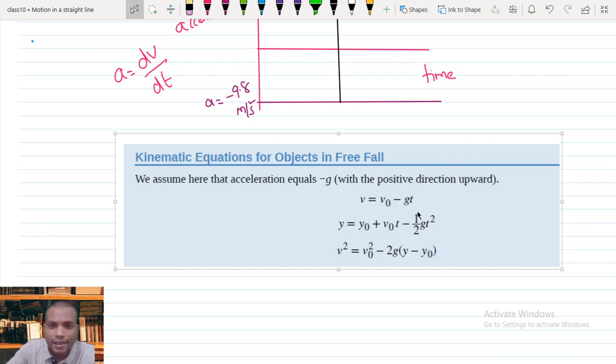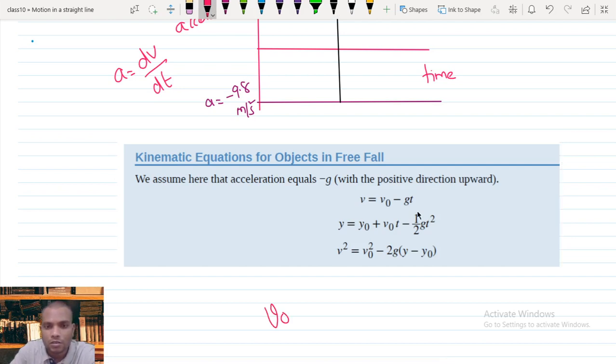Particularly here, I have taken v naught, the initial velocity, equal to u, initial velocity. And v equals final velocity.